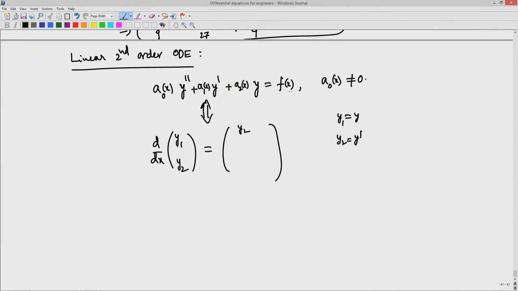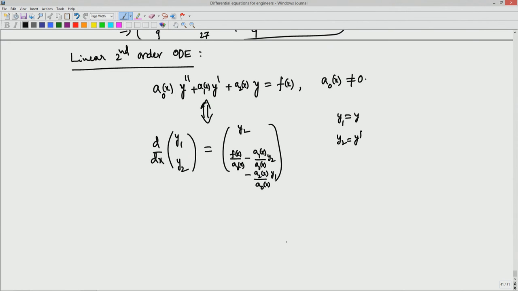Y double dash I can get from the equation, that is f(x) by a0(x) minus a1(x) by a0(x) times y dash. What is y dash? Y dash is y2, minus a2(x) by a0(x) into y. What is y? Y is y1, so I have y1.